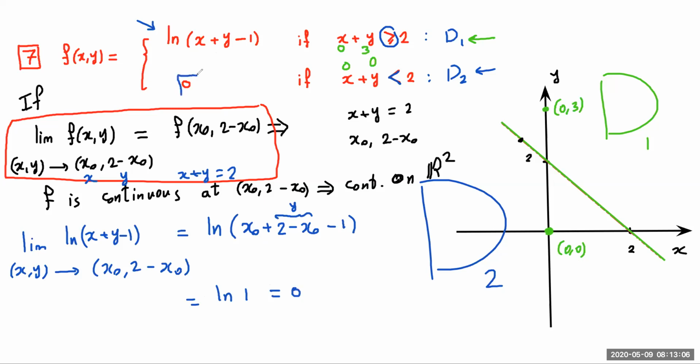So the answer is the same as f(x0, 2 minus x0). So the function f is continuous on its domain.